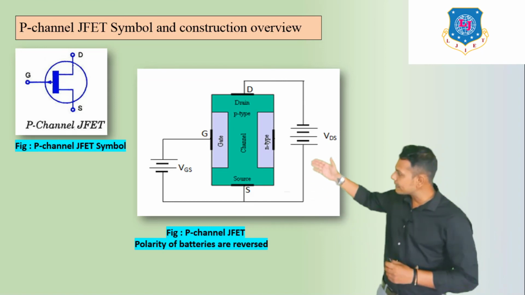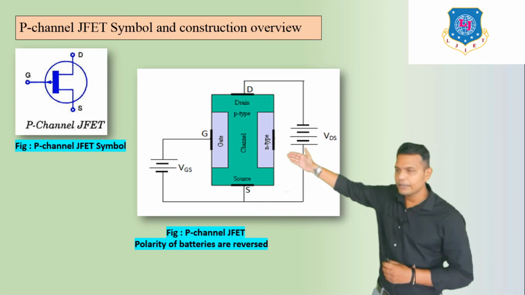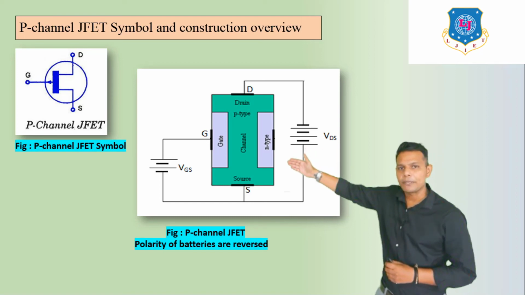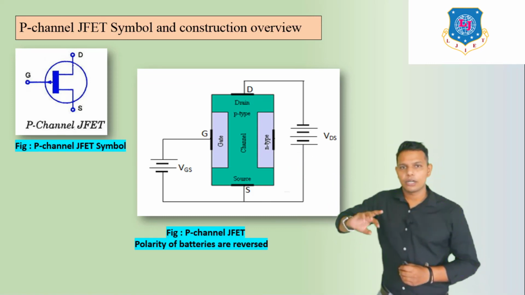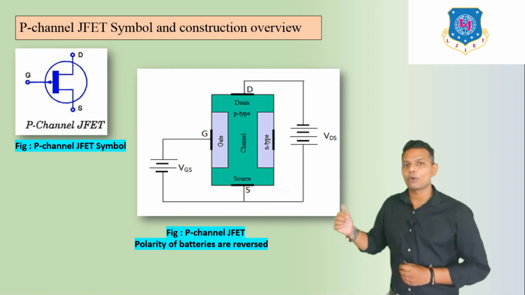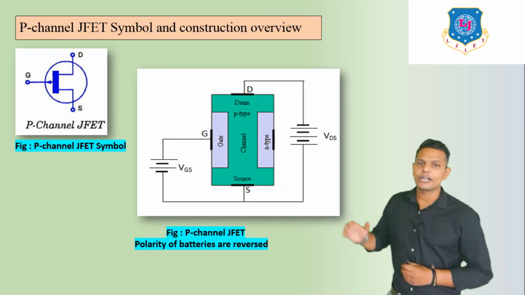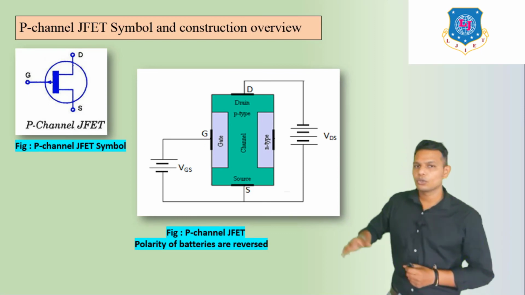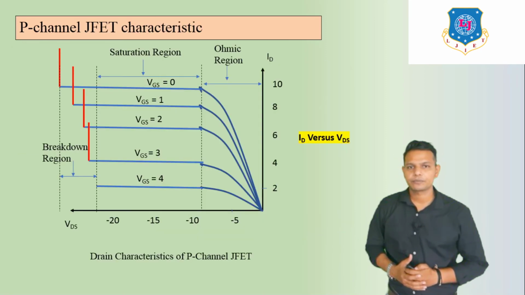Here in this construction the first polarity is plus, and it is connected to the P type material. So we have to inverse the polarities of N-channel JFET, then it becomes P-channel JFET. Here we can see the symbol of P-channel JFET.